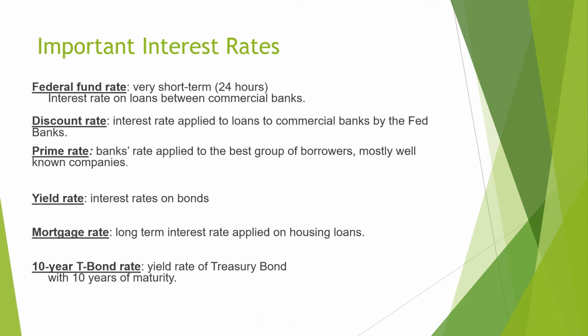Let's go over some important interest rates in the United States. The federal fund rate is a short-term interest rate applied on loans between commercial banks. Commercial banks such as Bank of America, Wells Fargo, or other small or medium-sized banks borrow money from each other every day.